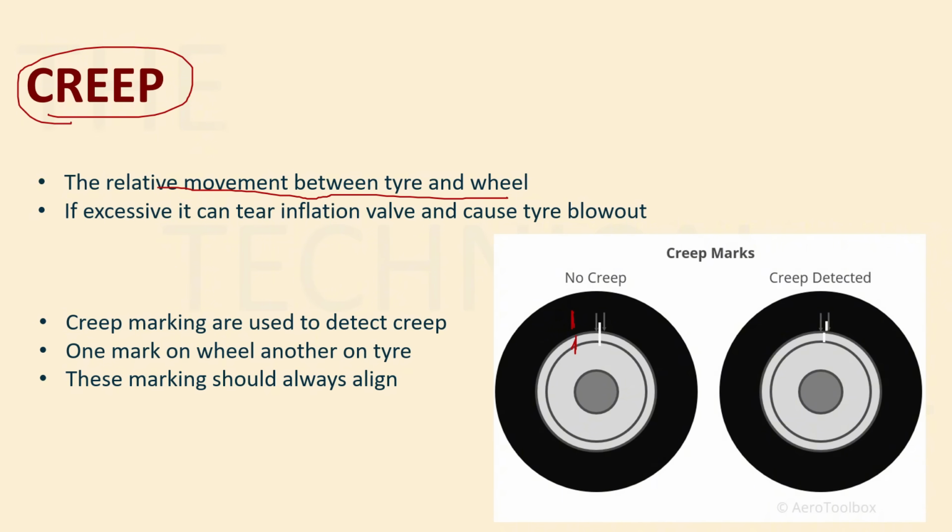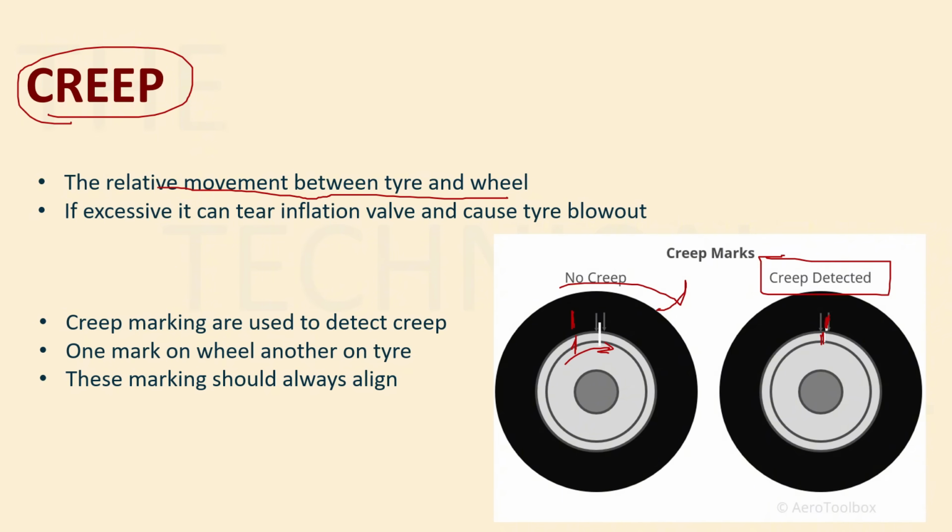When you install the tire, these markings are aligned. But after certain use, your tire might have had creep, so the tire moved more than your wheel. The mark also moved with the tire, and hence the marks are not aligned in this case. This is how you detect creep using your creep markers.